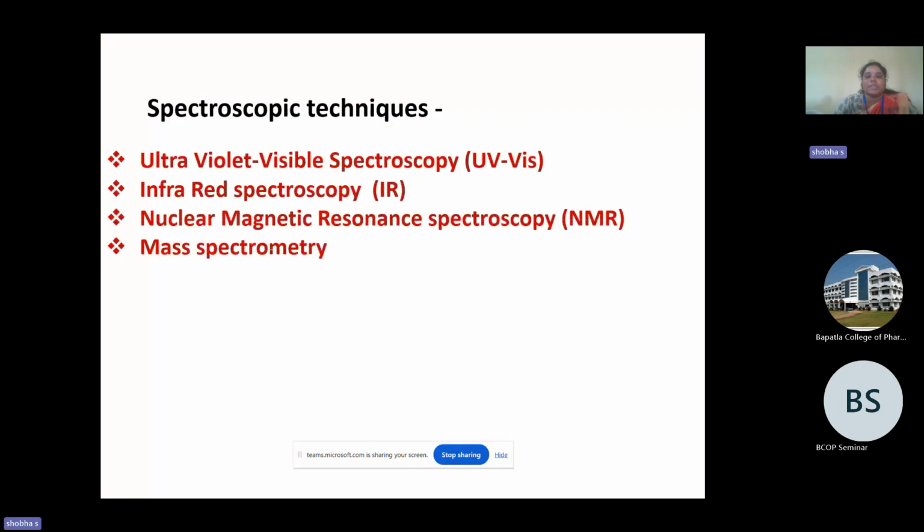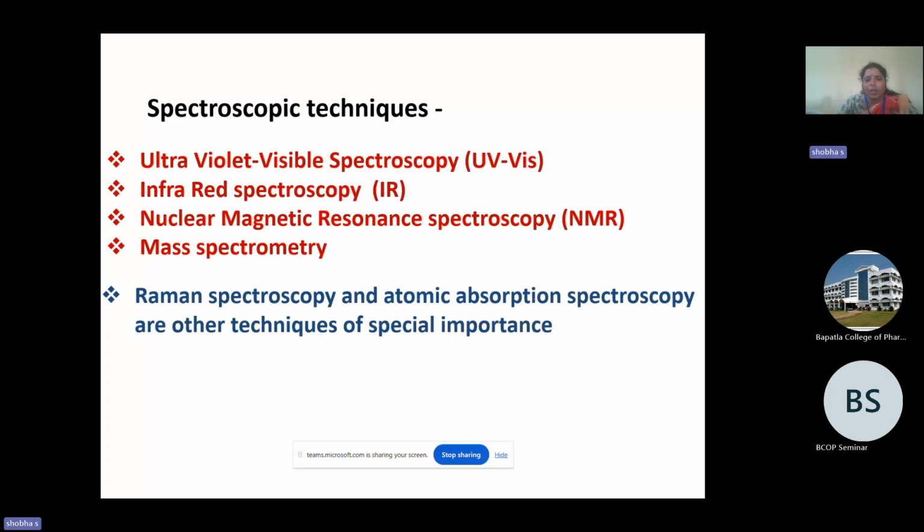All these spectroscopic techniques are used for structural elucidation of compounds: ultraviolet and visible spectroscopy, infrared, NMR and mass spectrometry. Raman and atomic absorption spectroscopy are also there, giving vibrational information.